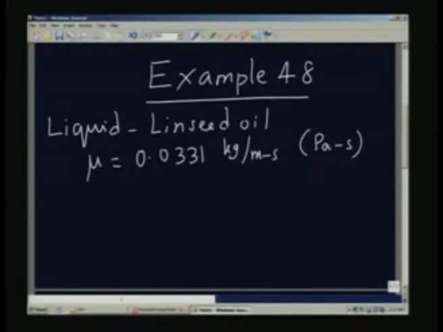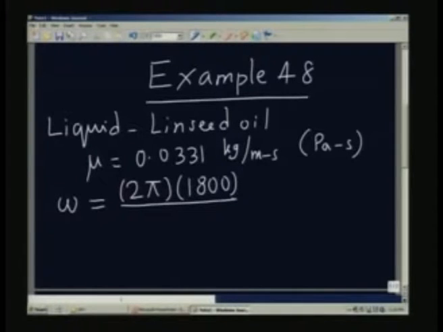The other important quantity required is the angular velocity omega. Each rotation, rpm meaning 1 revolution per minute, and 1 revolution is 2 pi radians, so I am going to multiply by 2 pi. I am going to multiply by the rpm, which is 1800 rpm, given in the problem, and convert the value to radians per second.